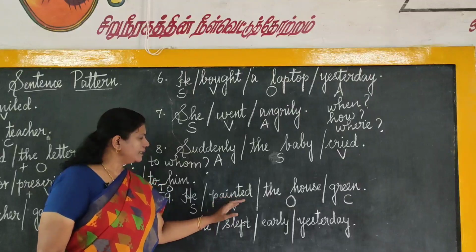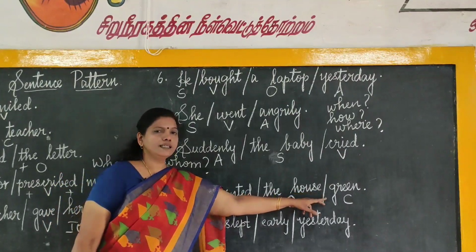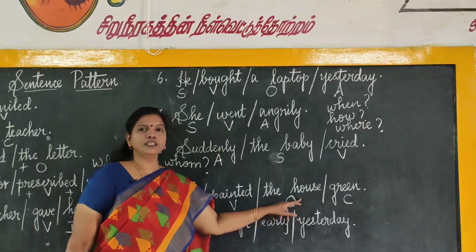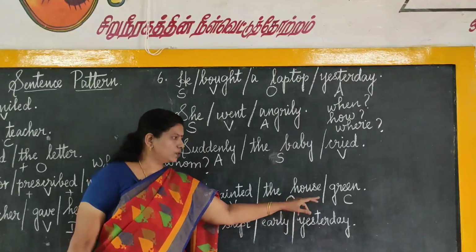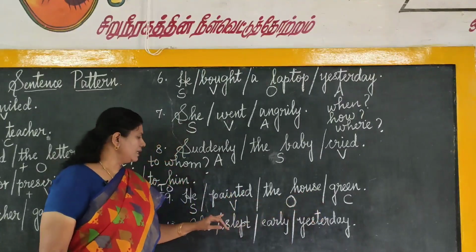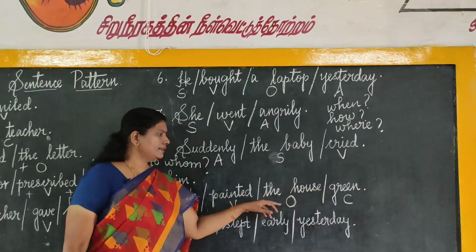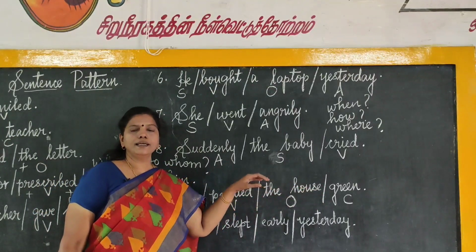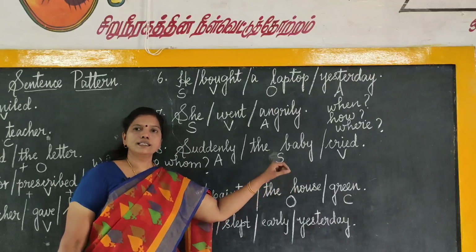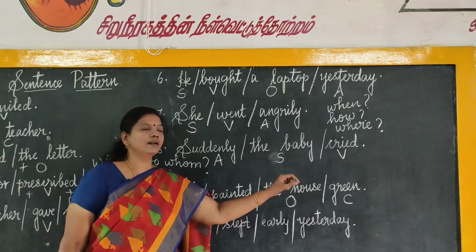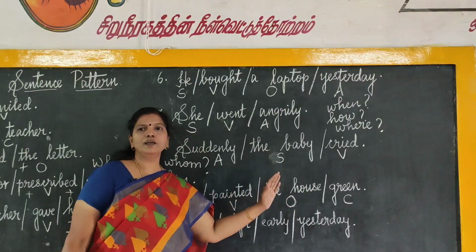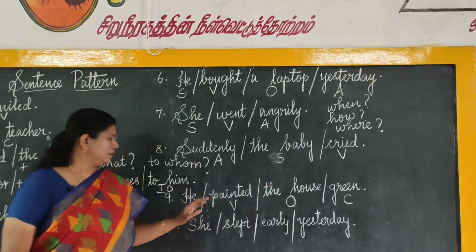He painted the house green, here green is the complement of the object house, right? So it is C. Similarly, they elected him leader. SVOC, elected him leader. So leader is the complement of the object him, right?